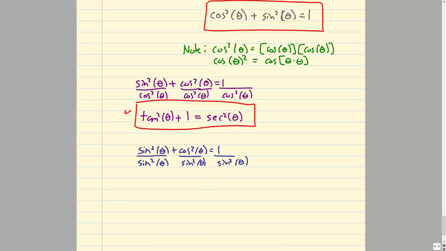Okay, so let's see what we have here. Sine squared over sine squared is 1. Cosine over sine is cotangent, so this would be 1 plus cotangent squared. 1 over sine is cosecant, so the reciprocal would be cosecant squared. So there is our third Pythagorean identity.